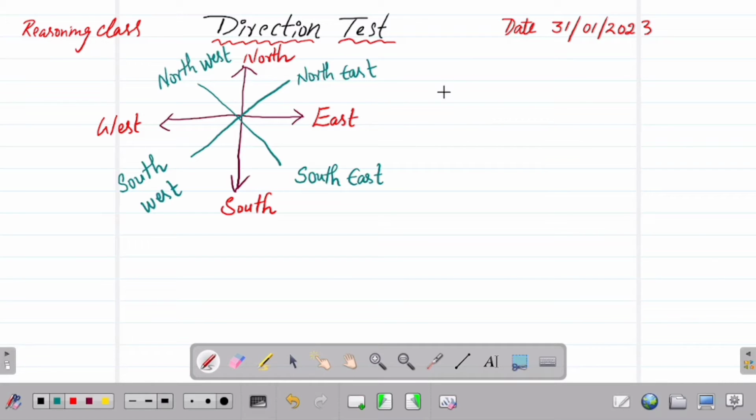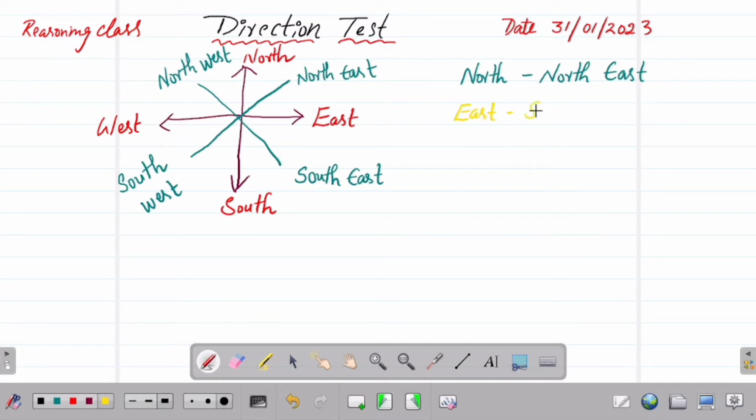What are those? Those are north and northeast, so these are completed. Now east and southeast.